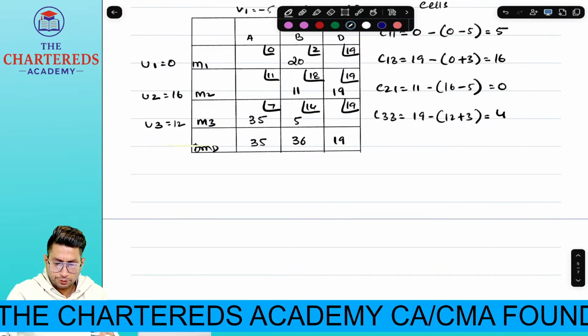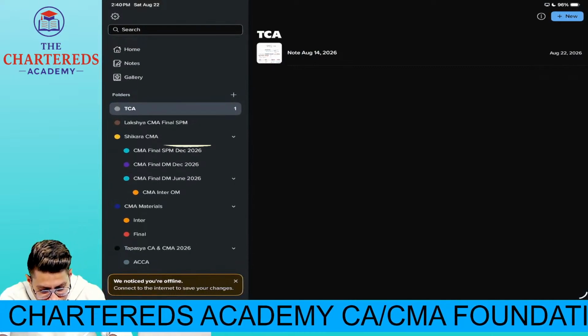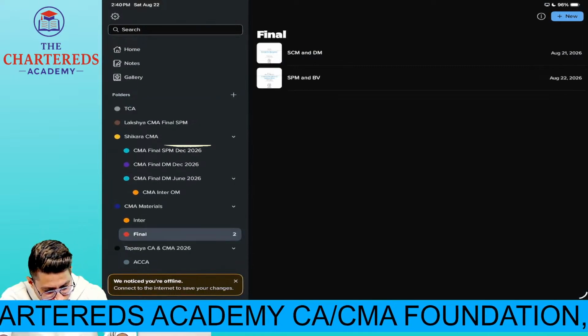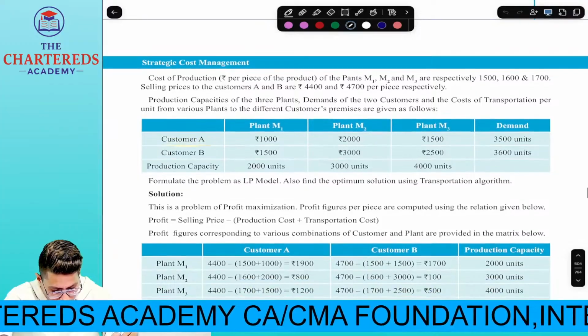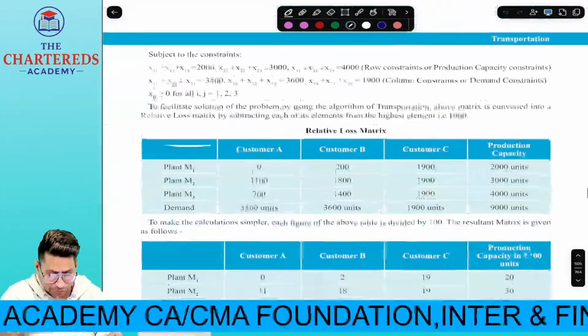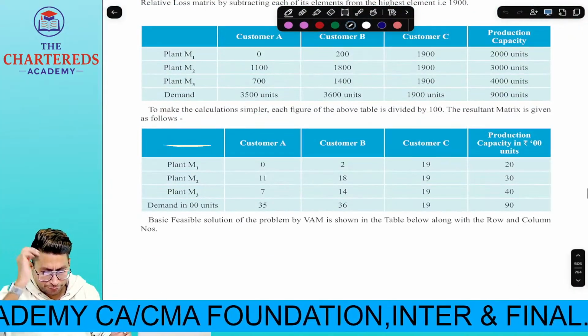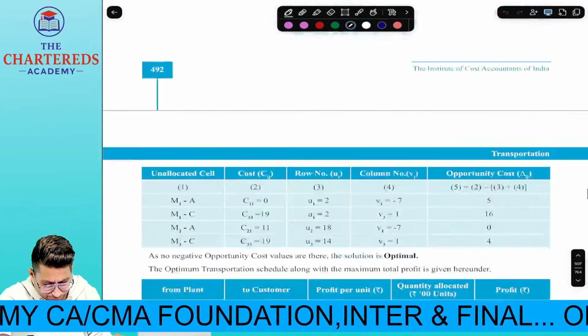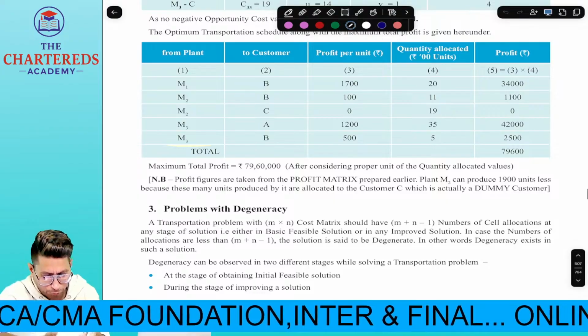I think profit only. They just asked us to find out the optimum solution. Profit only they might have calculated. What they calculated? Profit. Profit only.